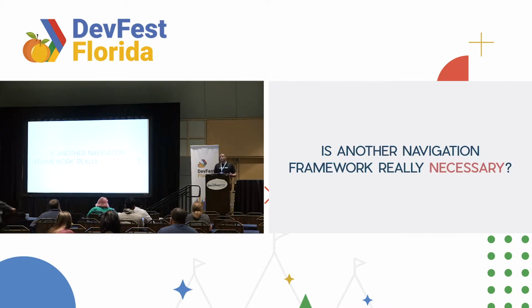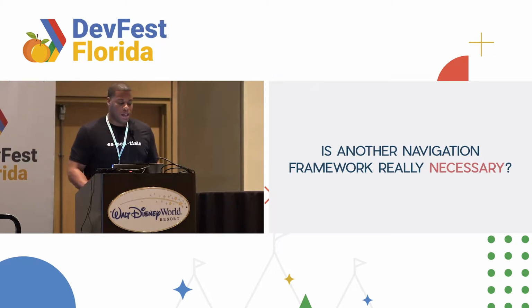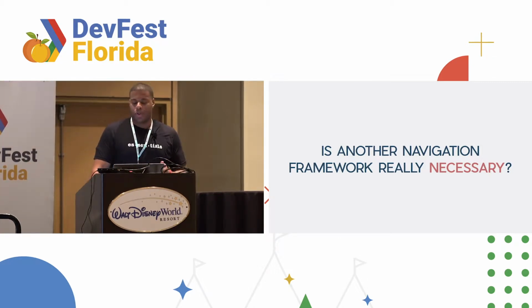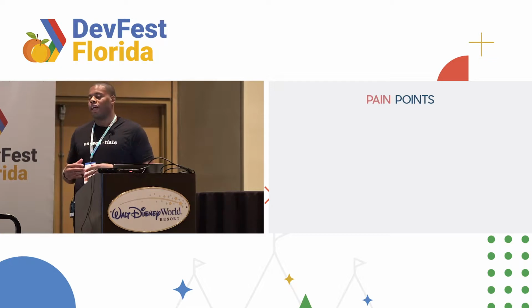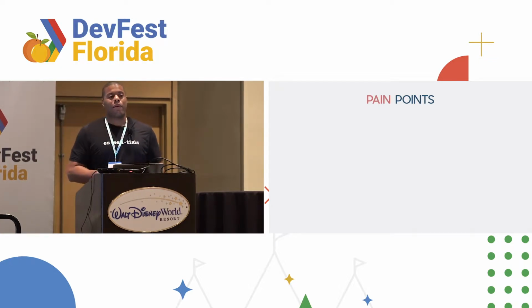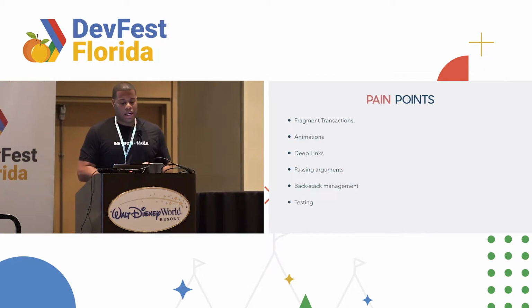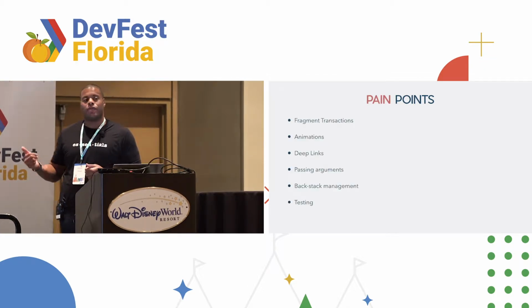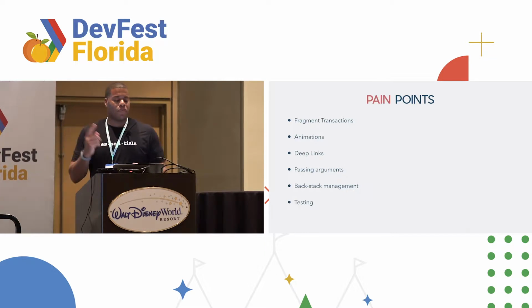So with there being a ton of navigation frameworks out there, what makes this navigation framework any different? Why is it important? Why should we use it as an Android developer? So Google set out to try to improve some pain points when you're dealing with fragments and navigating through different parts of your app. Namely, they wanted to fix fragment transactions, dealing with animations.